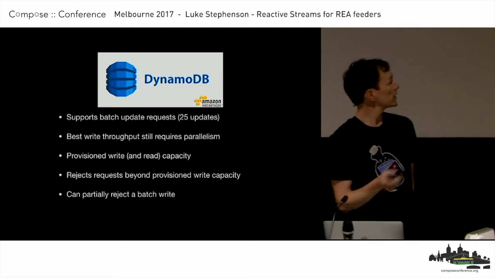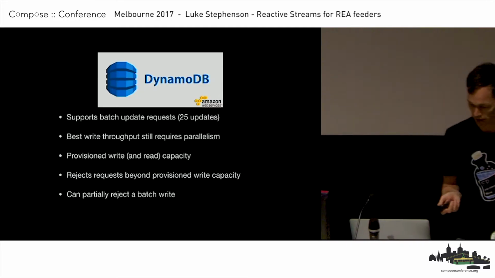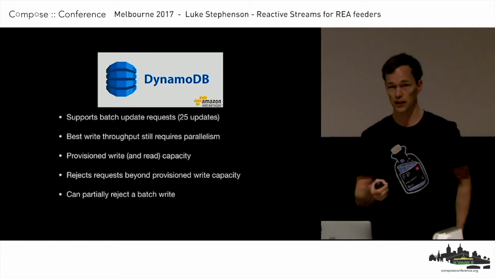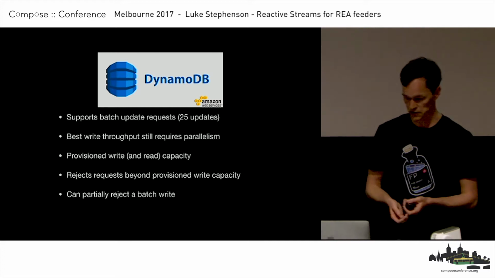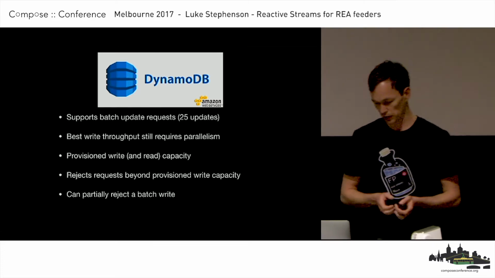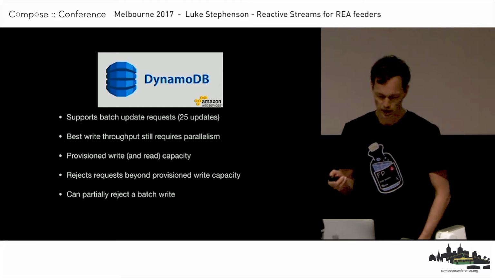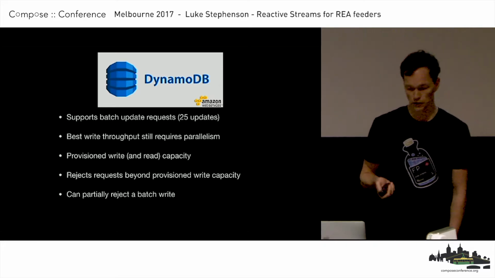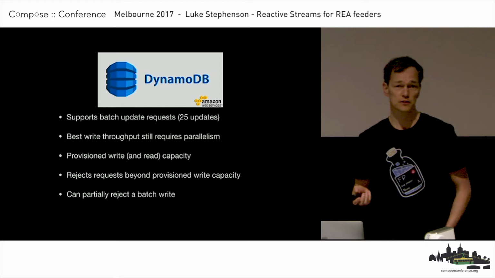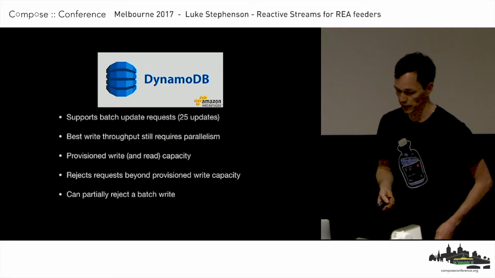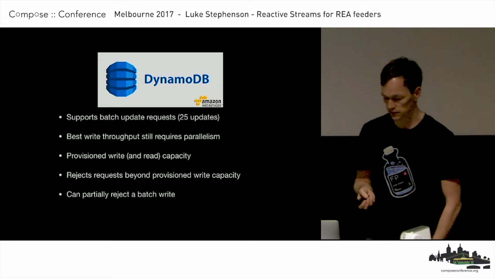Our target system for this batch job is DynamoDB. I'll spend a little bit of time outlining DynamoDB, because a lot of people have worked with relational databases, and DynamoDB has some different complexities. DynamoDB is a key value store, and it supports batch updates where you can give it 25 updates at once. This will give you better write throughput than just sending individual updates.